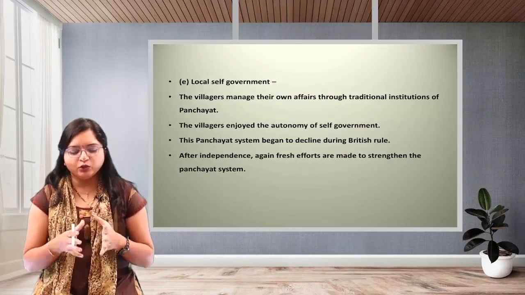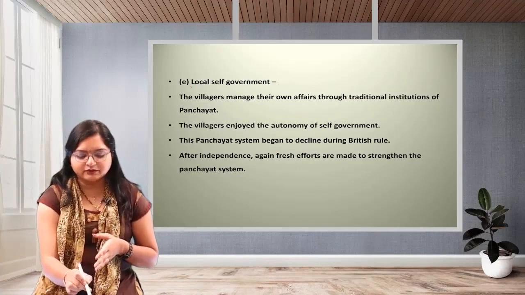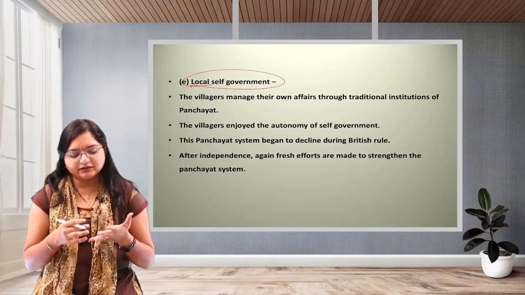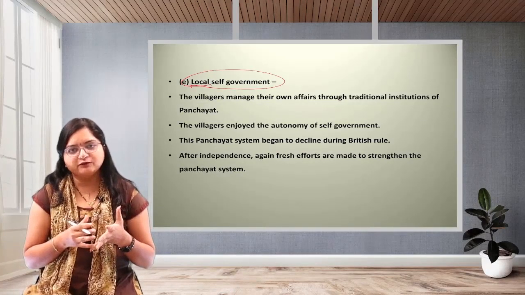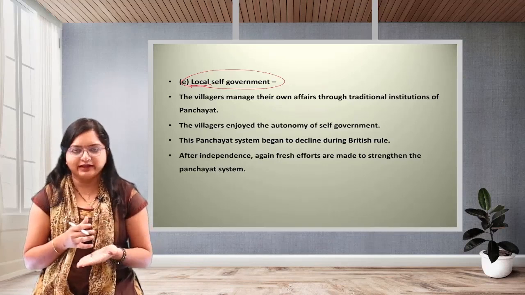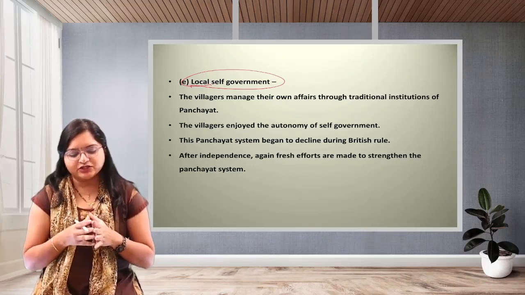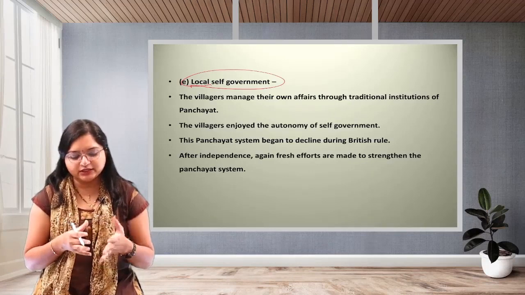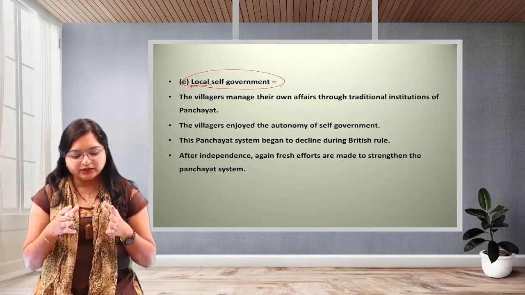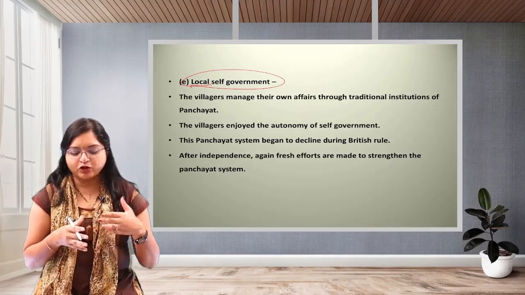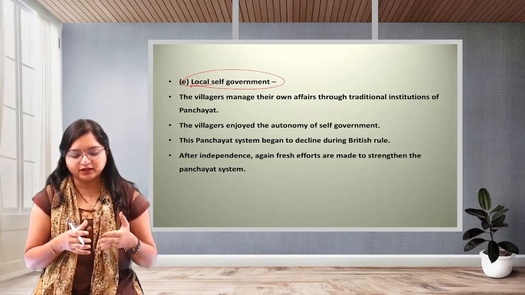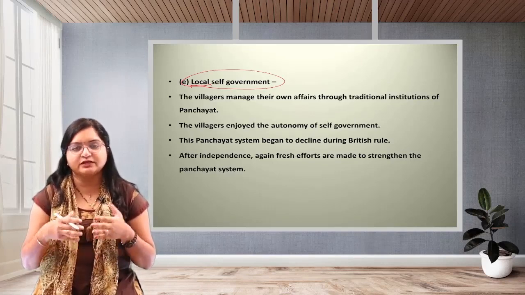Then comes local self-government. This is another one. So they have their local government for governing their rights. Here the villagers manage their own affairs through the traditional institution of the panchayat. The villagers enjoy the autonomy of self-government.